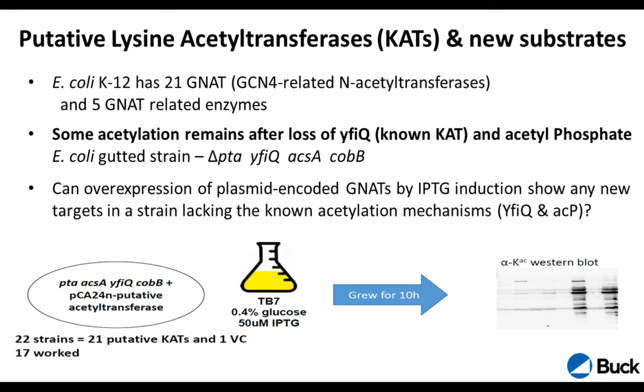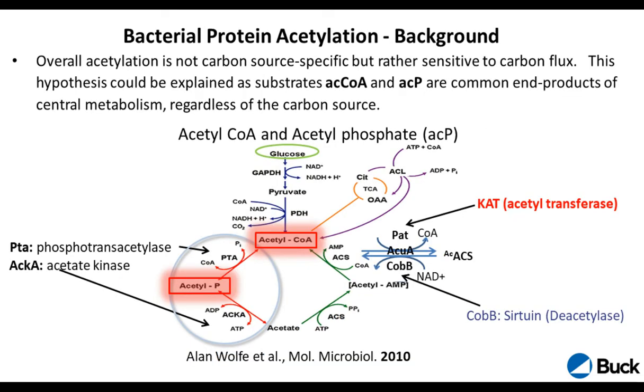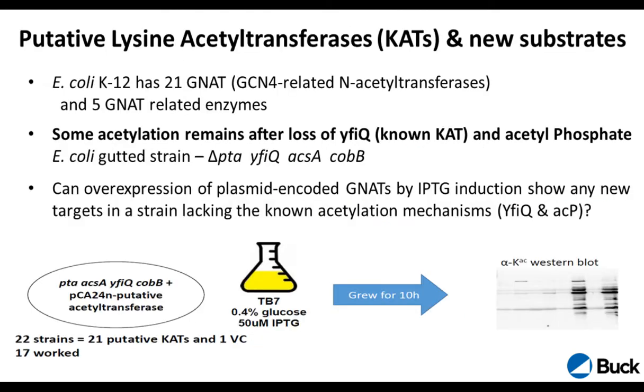But there was a lot of background in bacteria, so we tried to knock out a lot of these mechanisms. If I go back to the last slide, that generate acetyl phosphate, we can knock out the pta, for example, and other aspects that are part of the machinery. So we're really looking only at the pure acetyltransferase candidates.